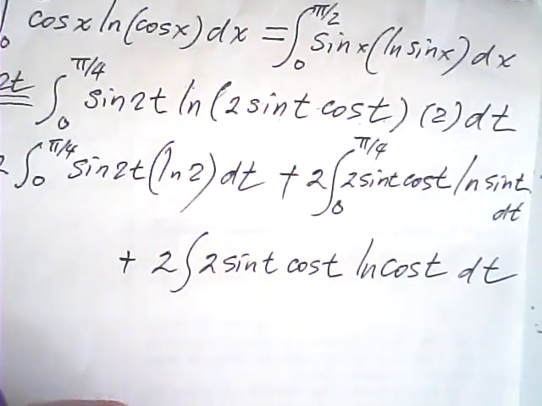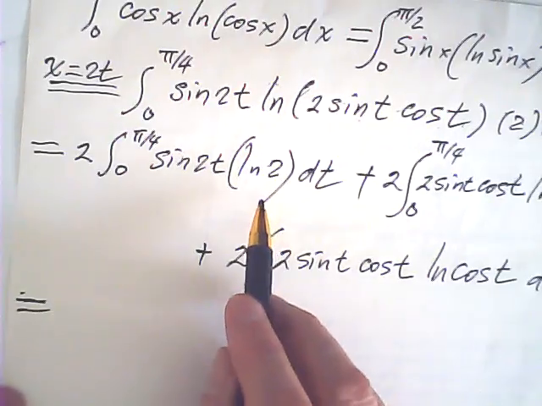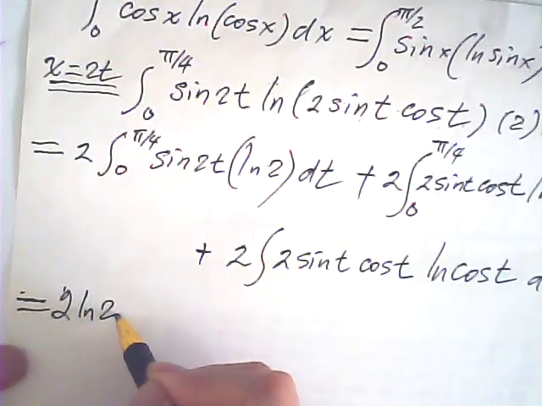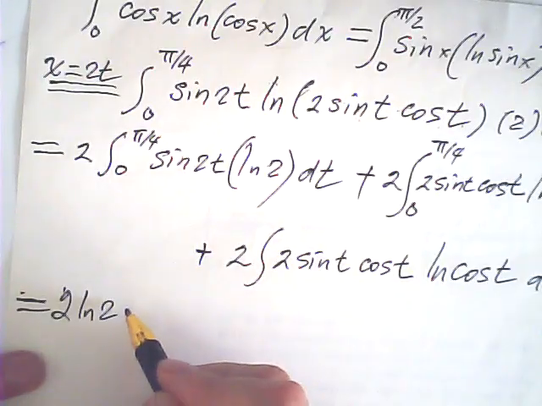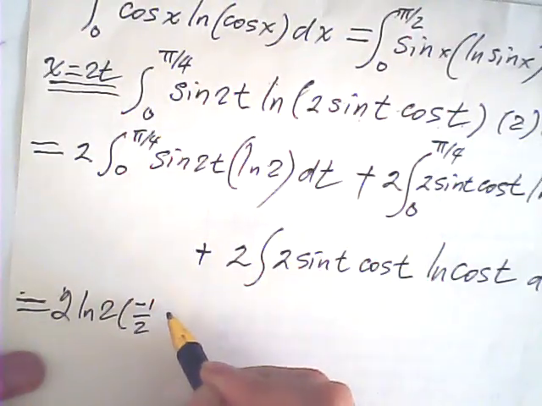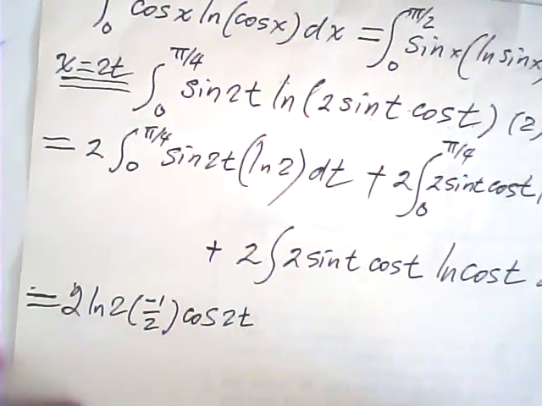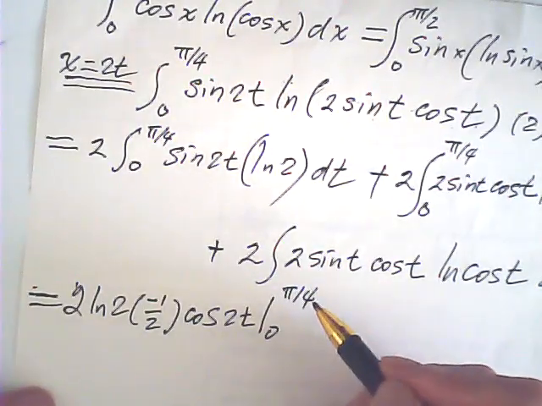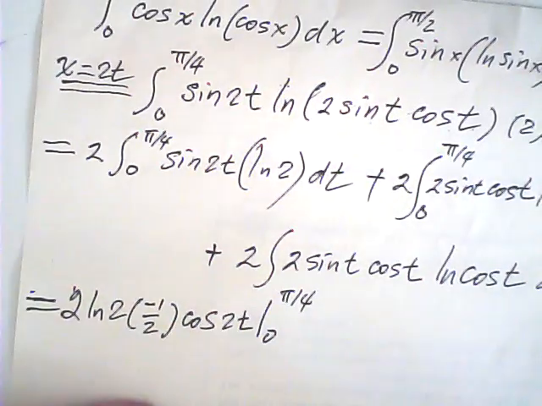Now then, this integral is easy. 2 log 2 is outside, right? 2 log 2. This integral is negative half cosine 2t, from 0 to quarter pi. Yeah, that is this integral.